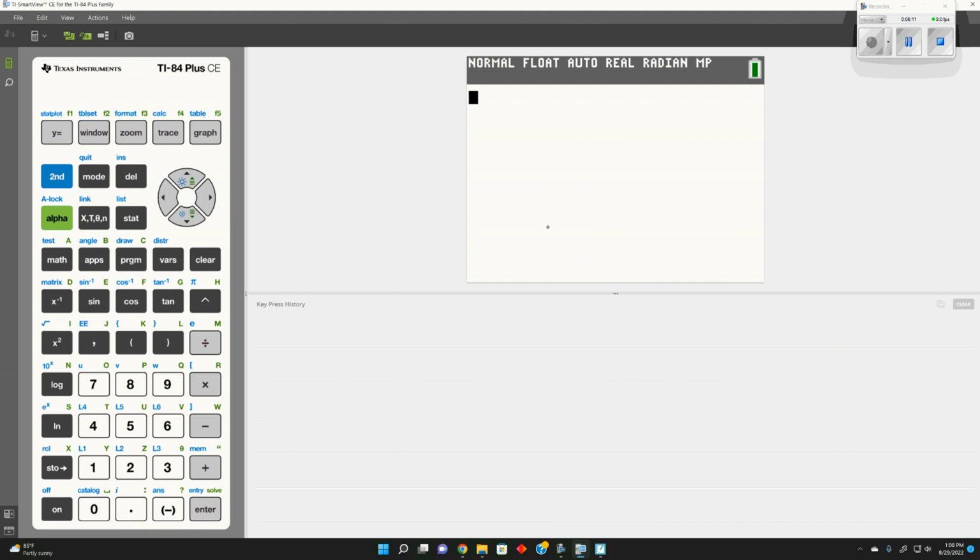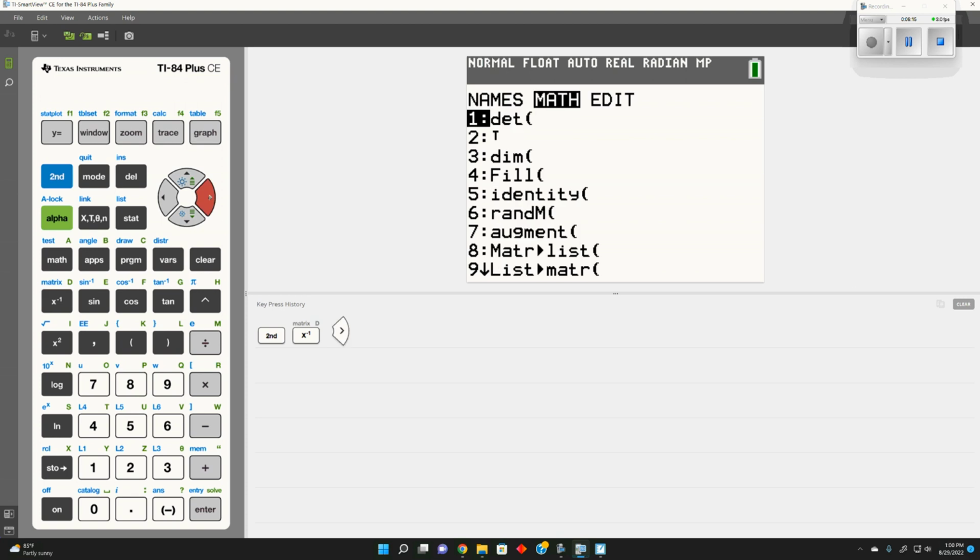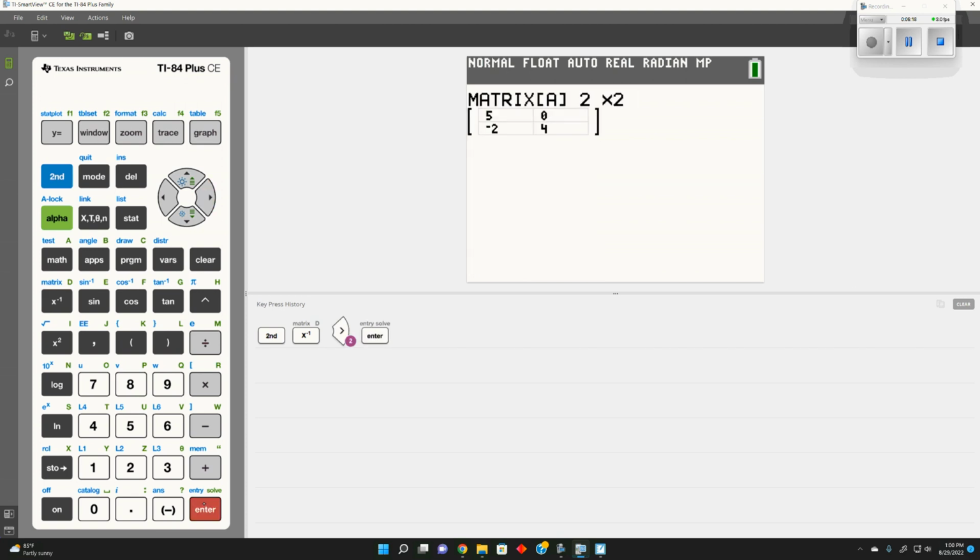So the first thing we'll need to do is input matrix A. So we can go second matrix, over to edit, and then hit enter to put this matrix into the calculator. And for the one we're looking at, it is a 2 by 2, yes? So we can say 2 by 2.